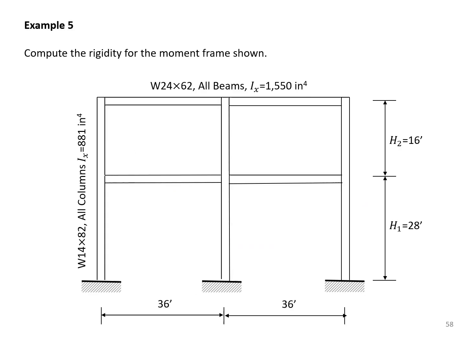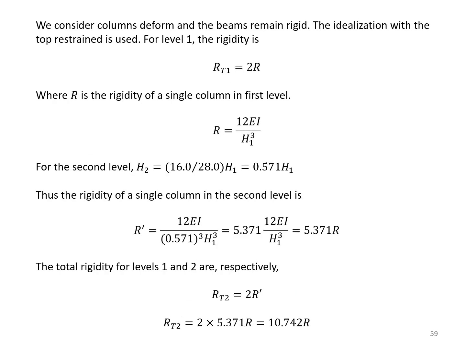All right. Well, this is our last example, and we have a frame system: lower level 28 feet height, upper level 16 feet, bays are 36 feet each, elements are given, column size, beam size, etc. All right, so I'm going to do this in parametric form, rather like a parametric study first. So in the first level, we have 2 columns.